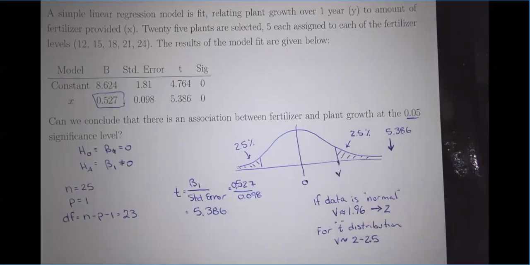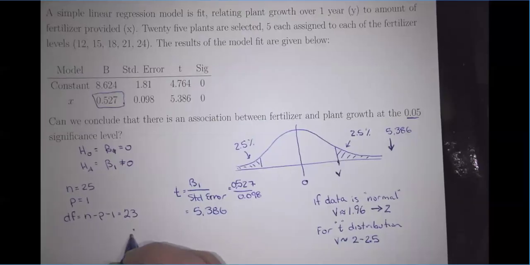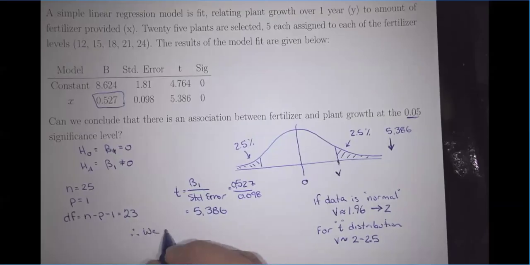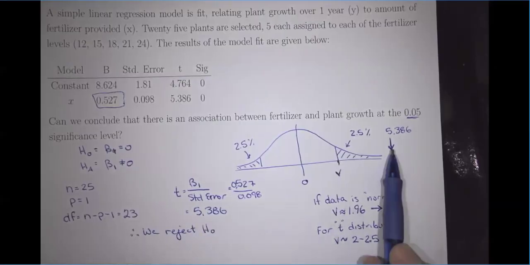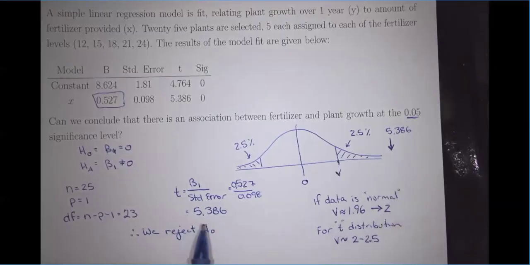So what happens now? Well, we reject the null hypothesis. It's so unlikely to have a value of t, a value of beta 1, that's 5.4 standard errors away from 0.